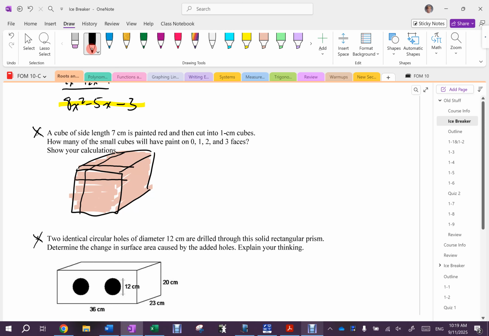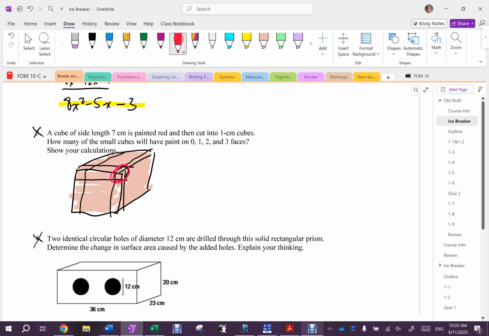Now, look at this very corner right here. The front, the top, and the right-hand side all have paint on them, don't they? Will the inside of that cube have paint on it?